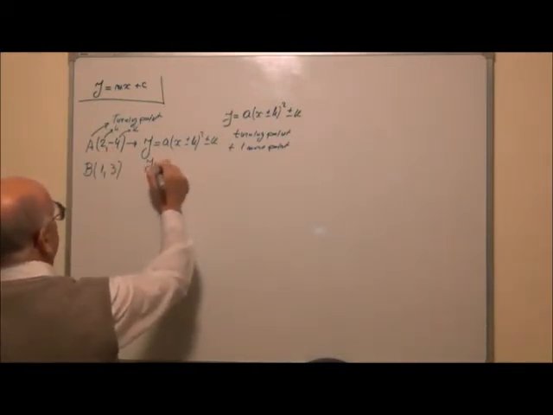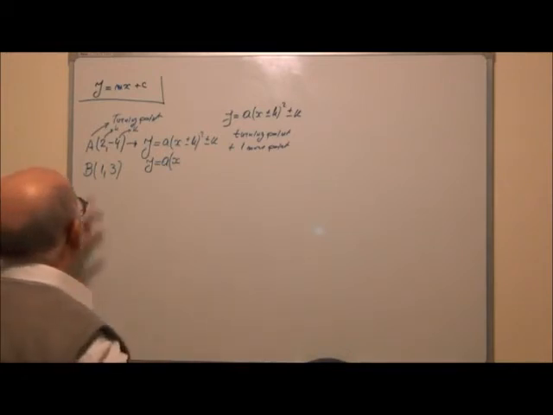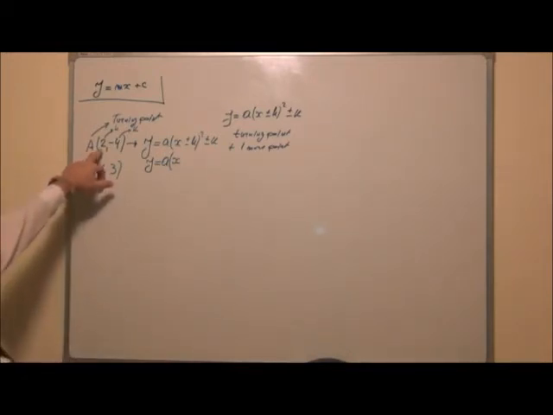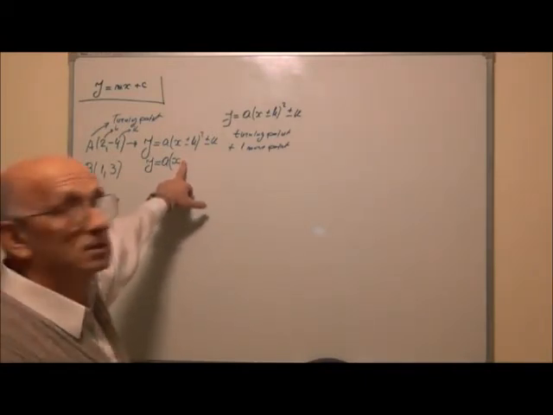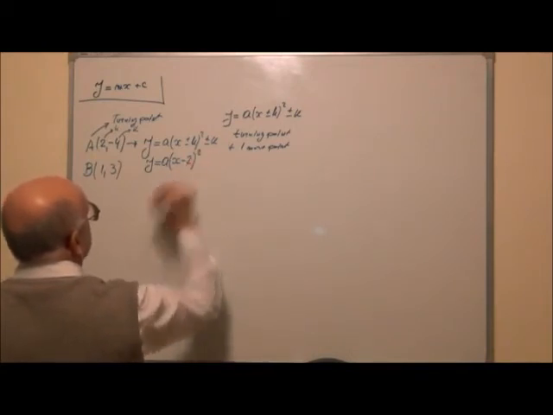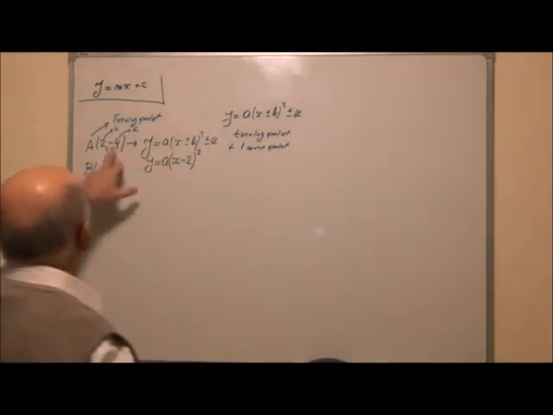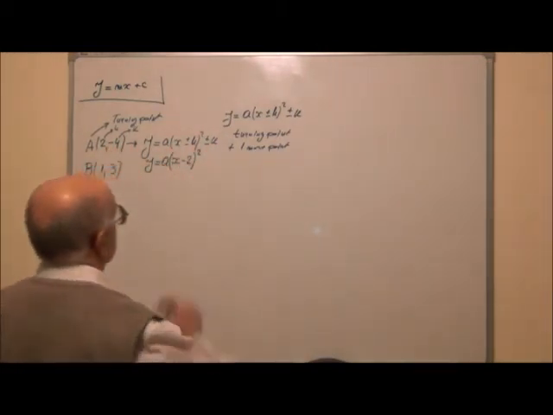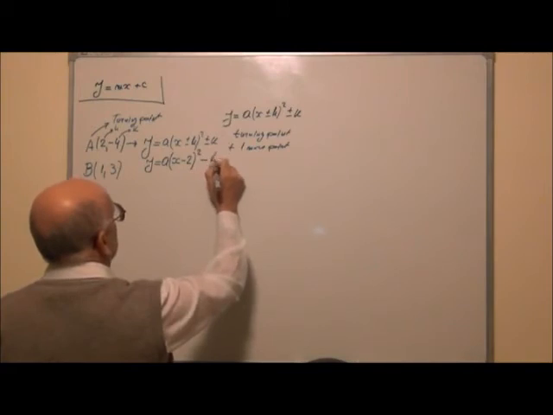Then we have the equation y equals a(x, but the horizontal translation is 2 units. Here it's plus, so here will be minus, always the opposite sign. So here will be minus 2) squared, and this is the vertical translation, this is k, minus, but also minus here, so the vertical translation keeps the same sign. So minus 4.